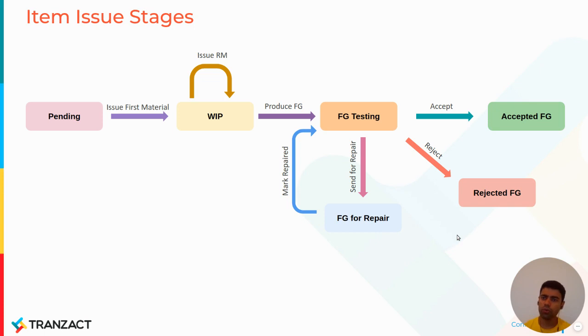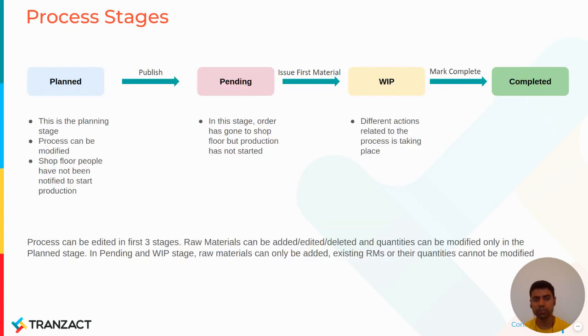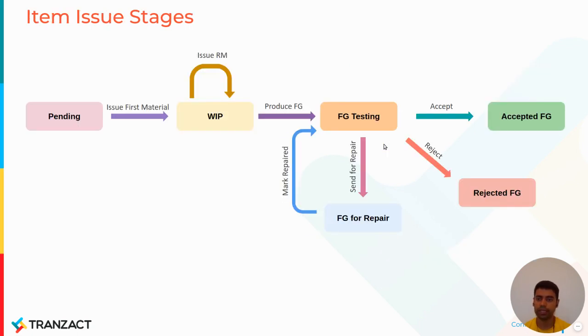Now, what are the different stages of item issues? In the previous slide, we saw that in the WIP stage, all the actions take place in the process. First of all, the RMs are issued. Whenever raw material is issued, the process is still in the WIP stage. When the finished good is produced, it moves from WIP to FG testing. FG testing is finished good testing. In this stage, the user has an option. Suppose they have produced 10 quantity of finished good.